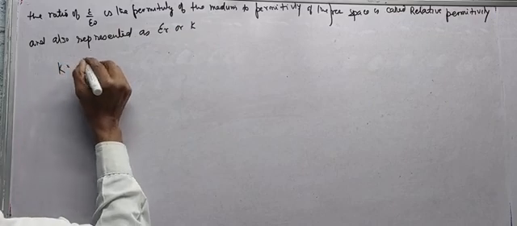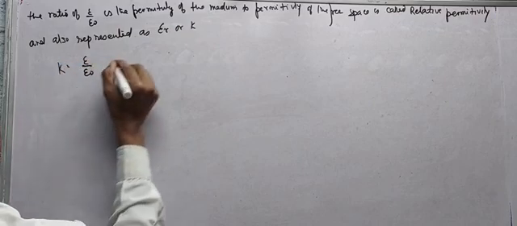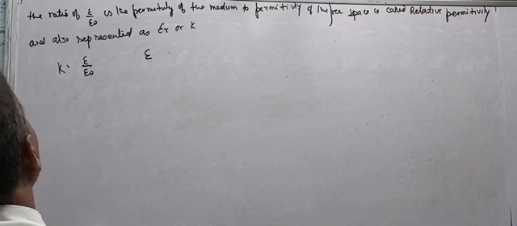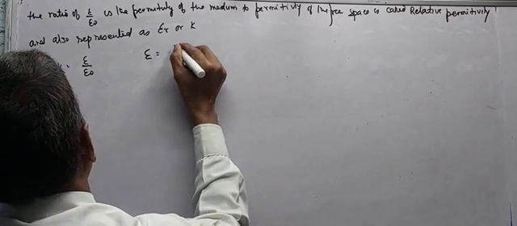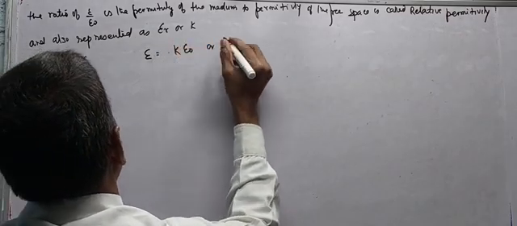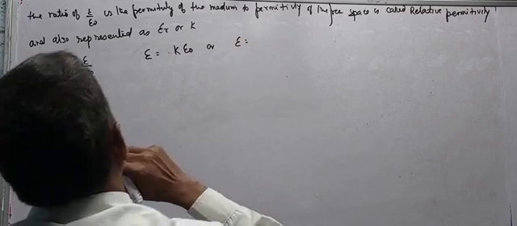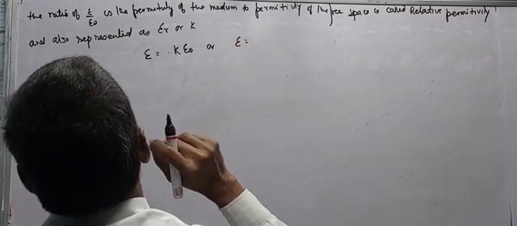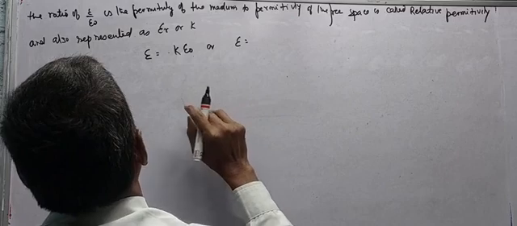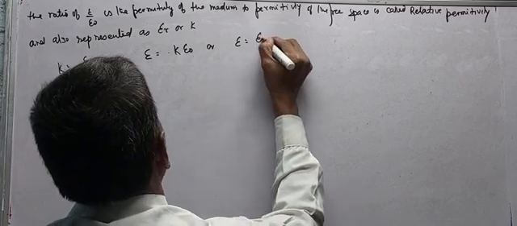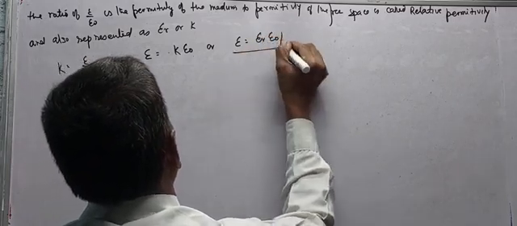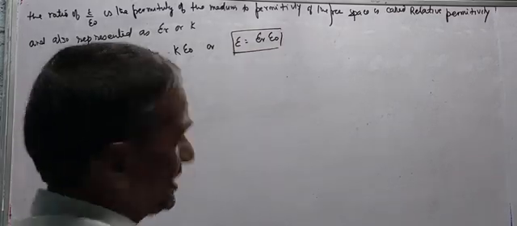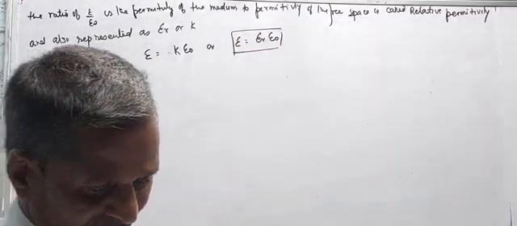Then k equals epsilon upon epsilon naught, and it becomes epsilon equals k into epsilon naught, or epsilon equals epsilon r into epsilon naught.